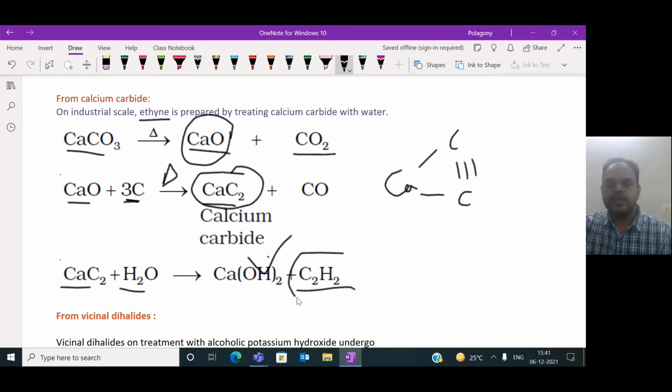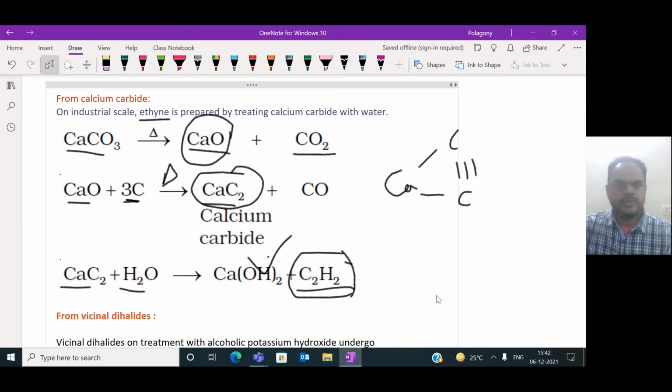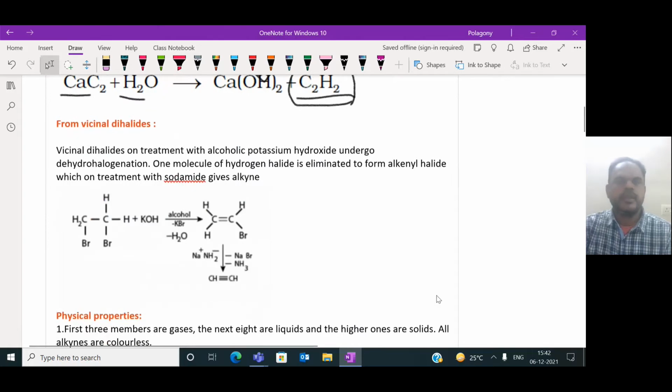Berthelot called this gas commonly acetylene. Acetylene is a welding gas; oxyacetylene is the welding gas which produces high temperature. That is the major preparation method, from calcium carbide, which is ionic in nature.